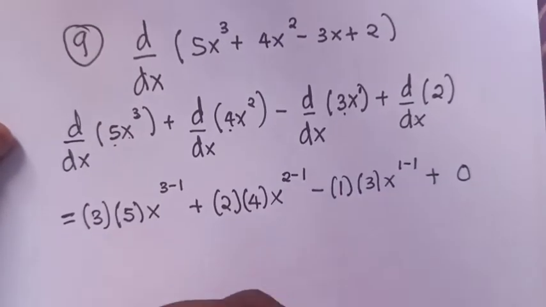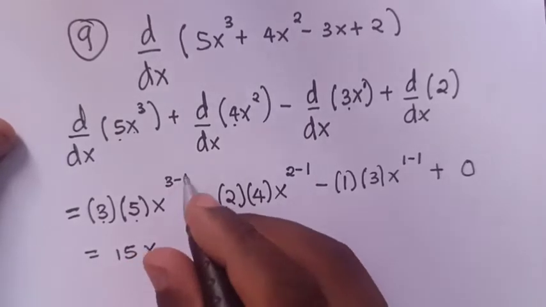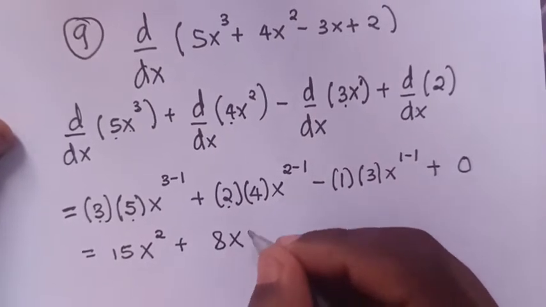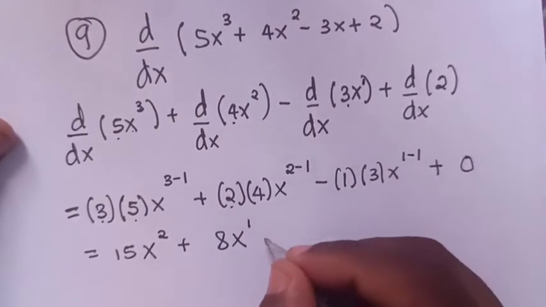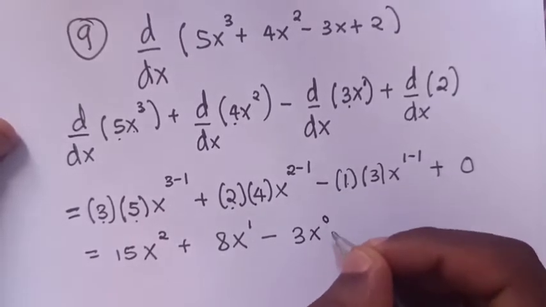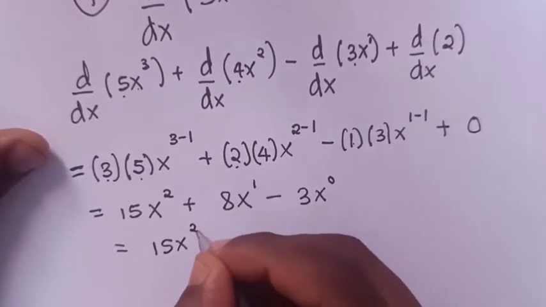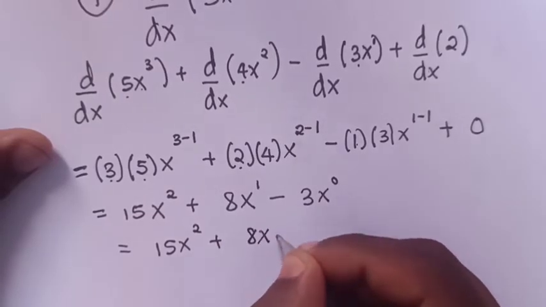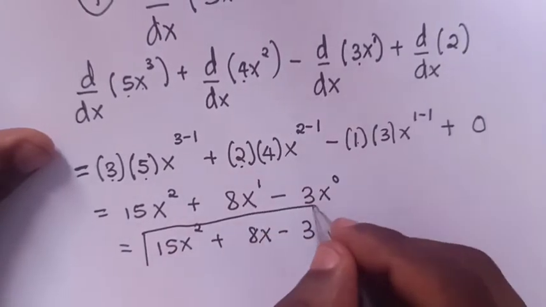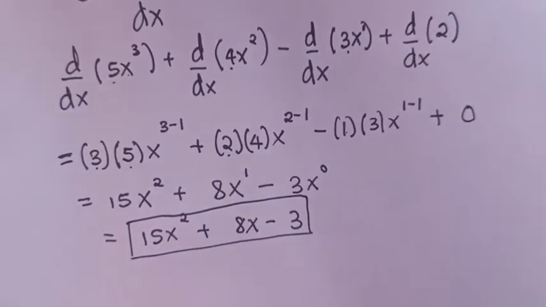Derivative of a constant is 0. So 3 times 5 is 15, x power of 3 minus 1 is 2, this is 8, x power of 2 minus 1 is 1, so here it will be negative 1 times 3, x power of 0, so it becomes 15x square plus 8x minus 3, because x power 0 is 1, so 3 times 1 is 3. So this is our answer.